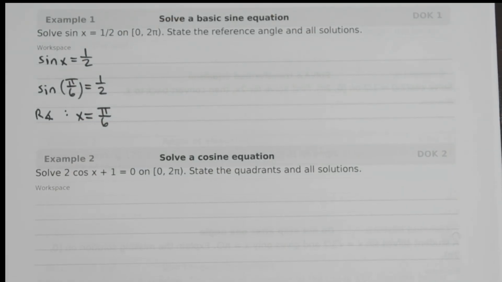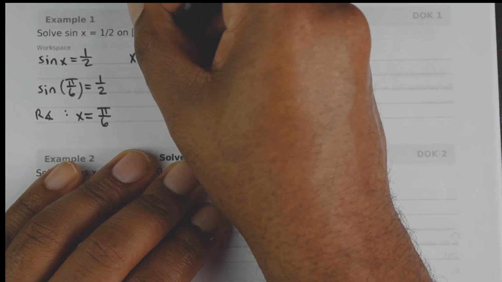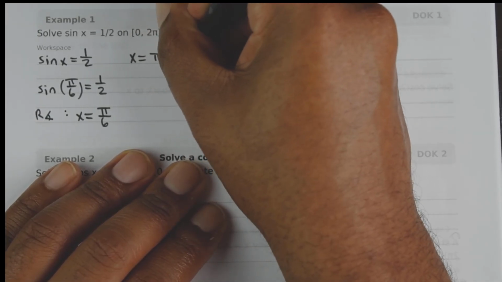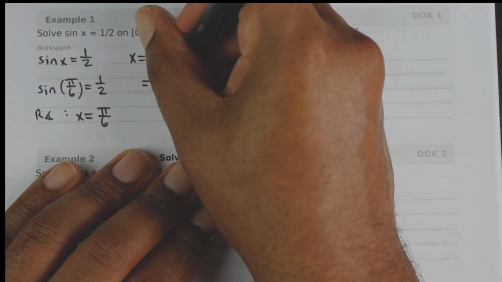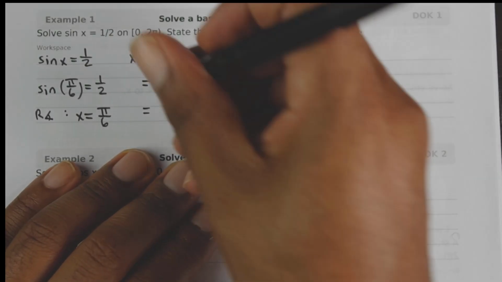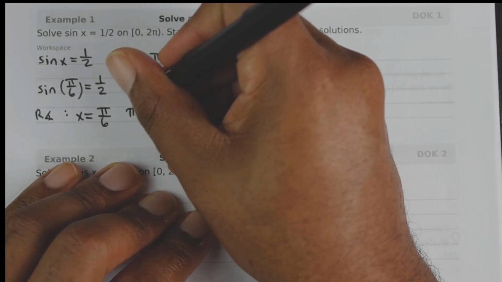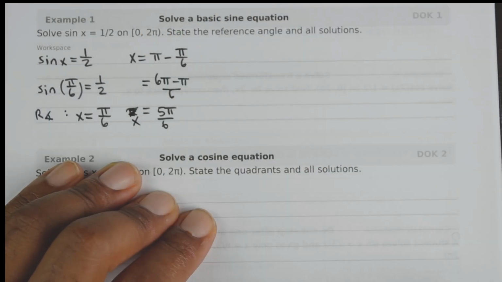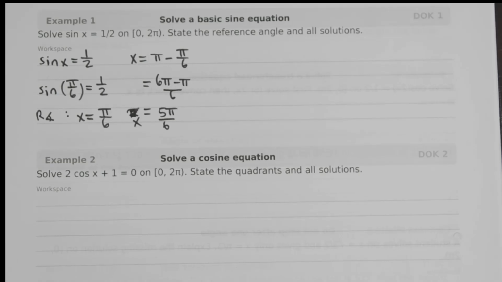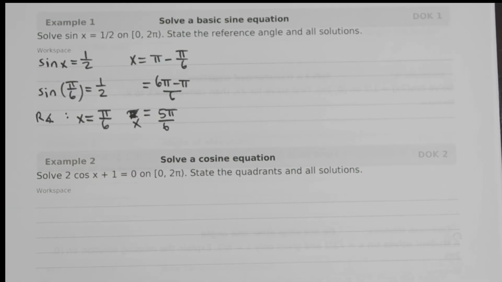In quadrant 2, the angle is pi minus pi over 6, or 6 pi over 6 minus pi over 6, which is the same as 5 pi over 6. So x is equal to 5 pi over 6. So the solutions are x is equal to pi over 6 and x is equal to 5 pi over 6. So both angles have a sine equal to 1/2.